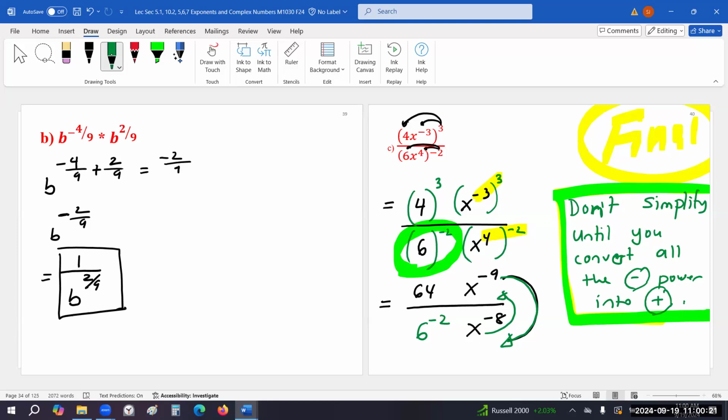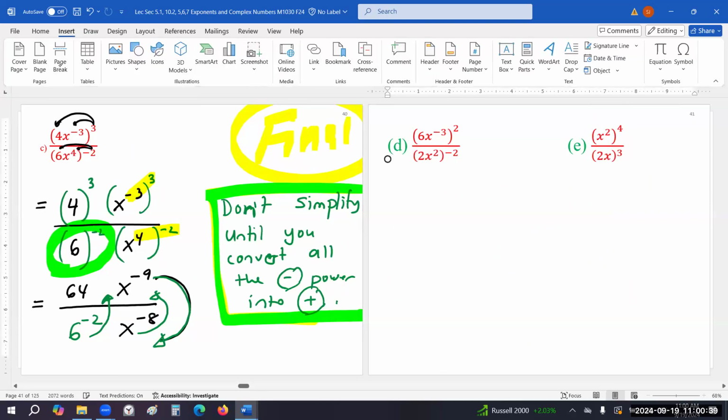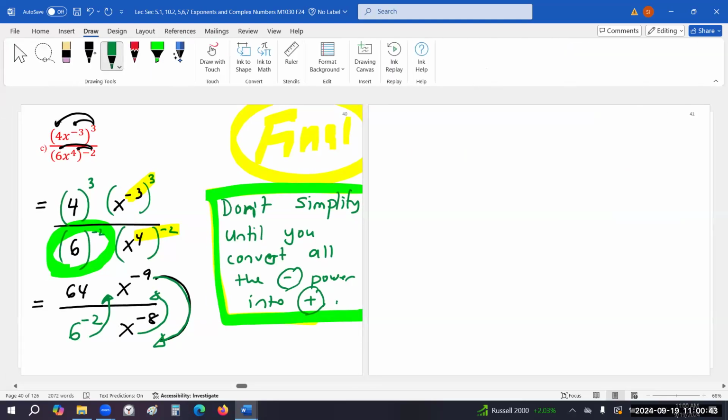And now 6 has a problem, negative power. So how are you going to solve this negative problem? Bring it up. Every negative will turn into positive if you just switch their position. That's it. So I'm solving my negative issue first, and then I'm going to collect the rest.